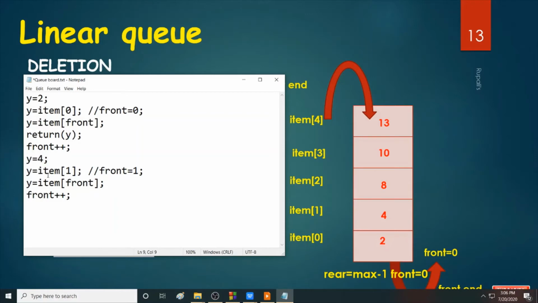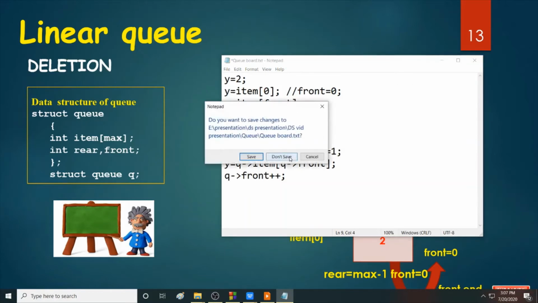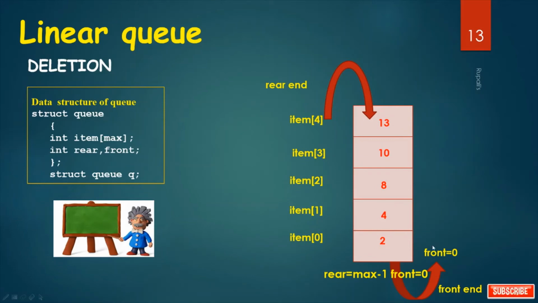So both item and front are elements of this queue structure. So you have to access these by writing queue arrow, because we are passing the address. So queue arrow item, queue arrow front, and here also queue arrow front plus plus. In this way you have to write the code. So see here, next time you have to increase front.